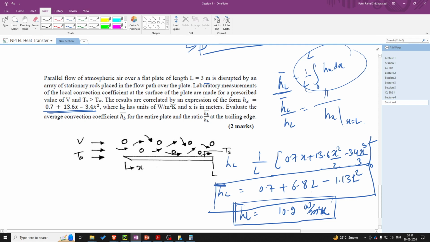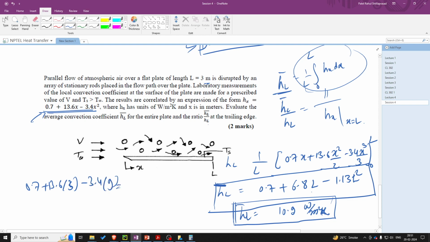The second question, we have been asked to find the ratio of h bar L upon HL. In order to find HL, you need to put the value of L equal to 3 in the local equation. If you just put it, you will get 0.7 plus 13.6 into 3 minus 3.4 into 9.